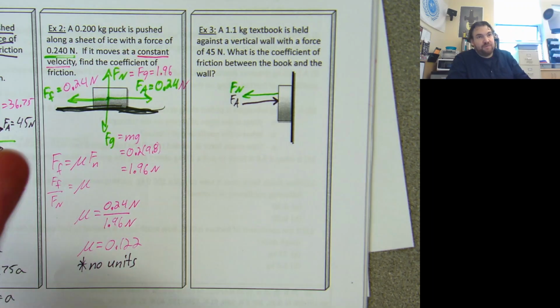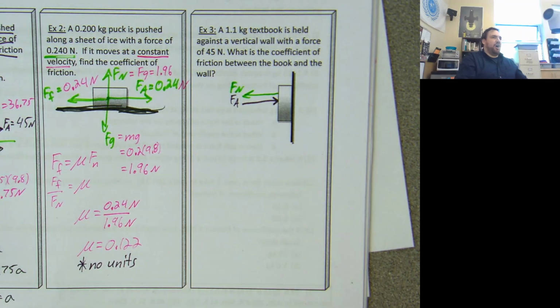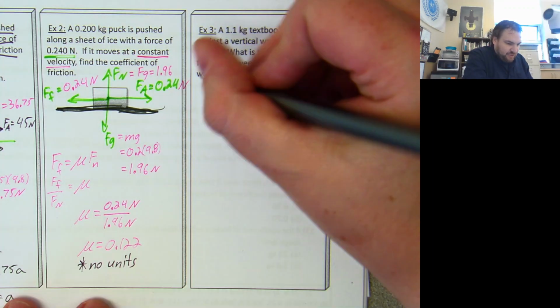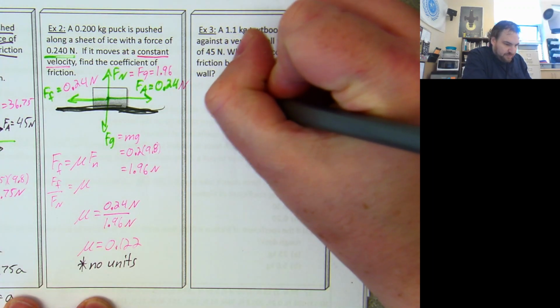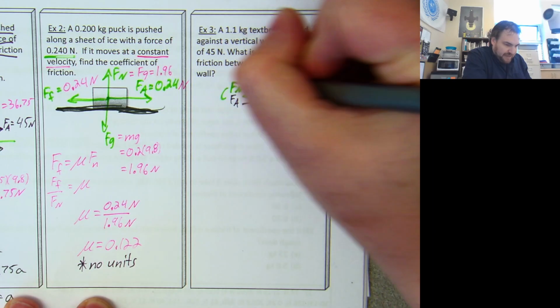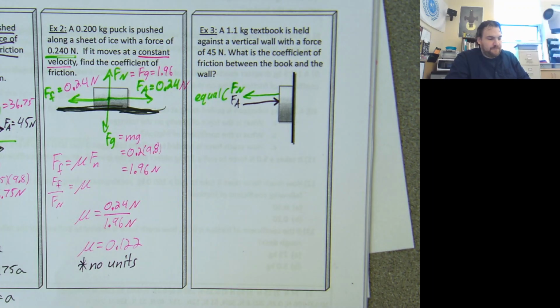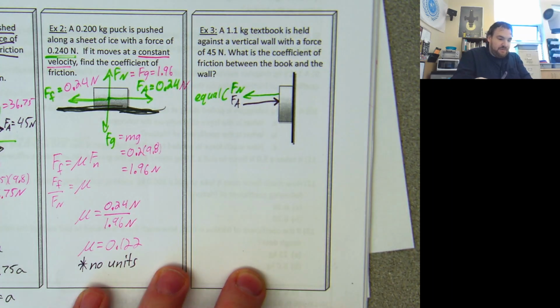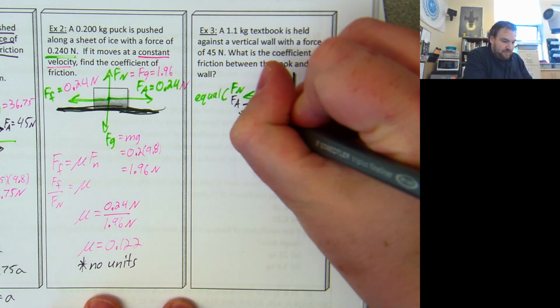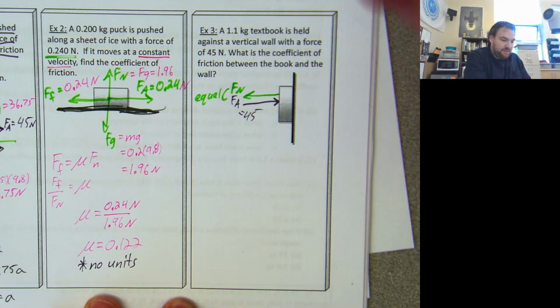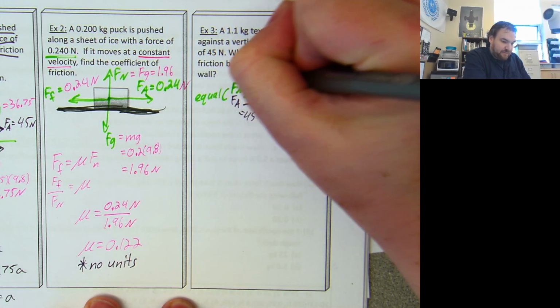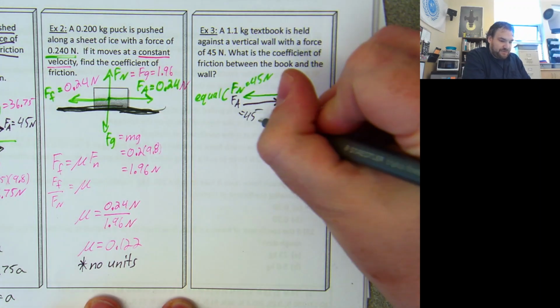Because the book wasn't moving into the wall or rebounding off the wall, these two forces have to be equal. So FA is going to equal 45, and FN is going to equal 45. And both of those should have units of newtons.